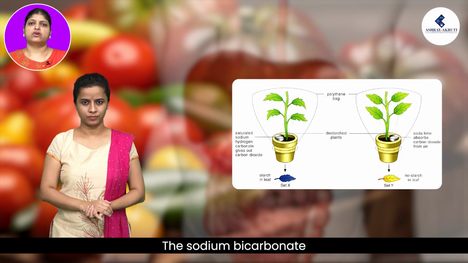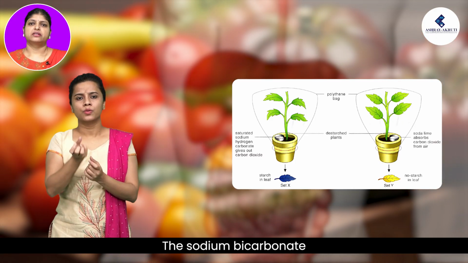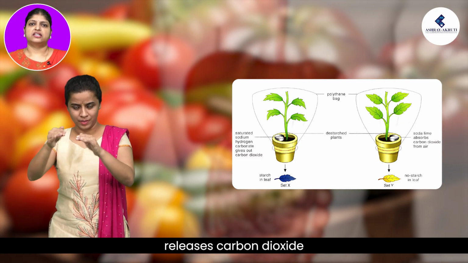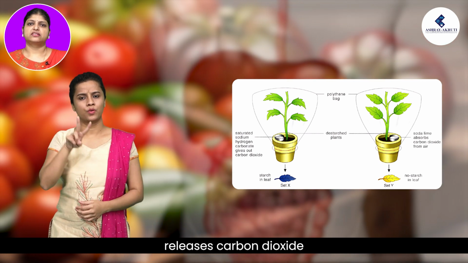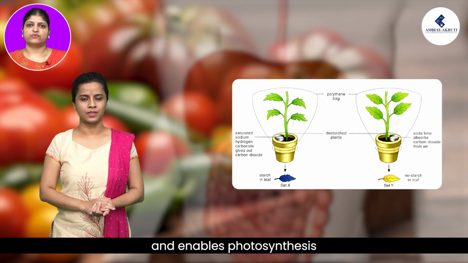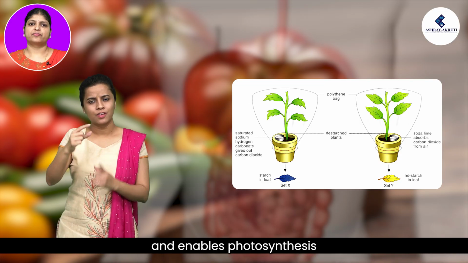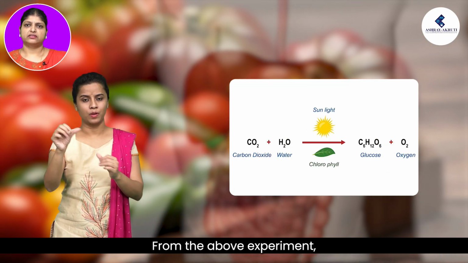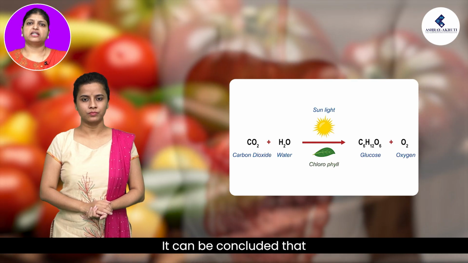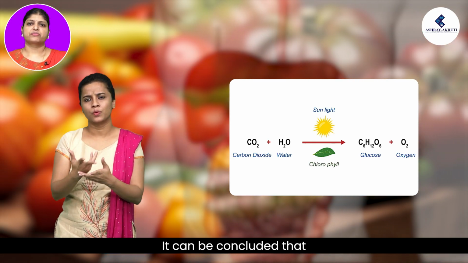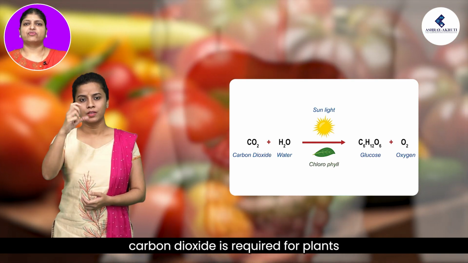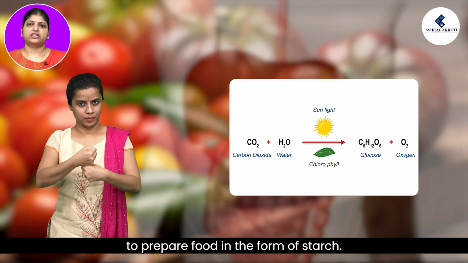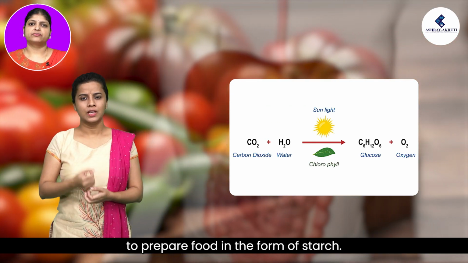The sodium bicarbonate placed in plant B releases carbon dioxide and enables photosynthesis. From the above experiment, it can be concluded that carbon dioxide is required for plants to prepare food in the form of starch.